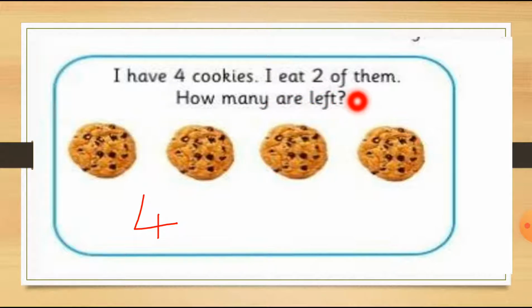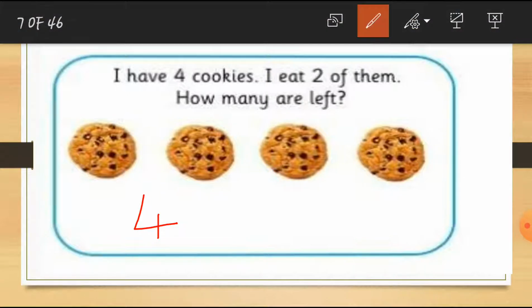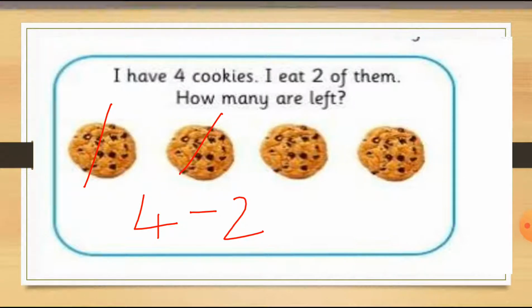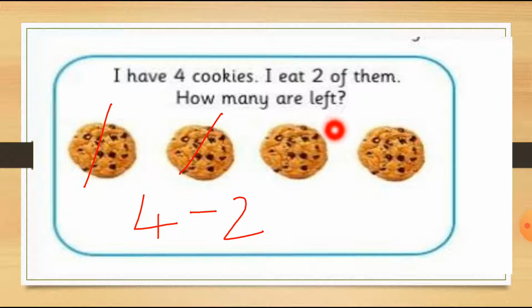How many did I eat? I eat 2 of these 4, so I cut 2 cookies from this. Now this is subtraction. Left is the keyword here. Now 4 minus 2. This 2 cookies I cut from this number 4.